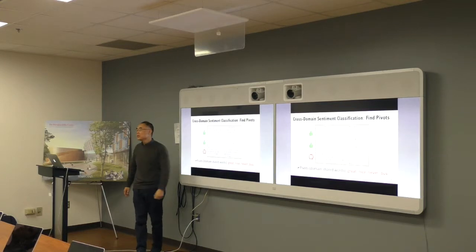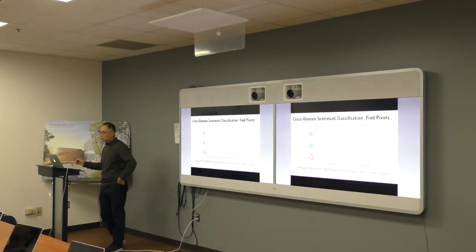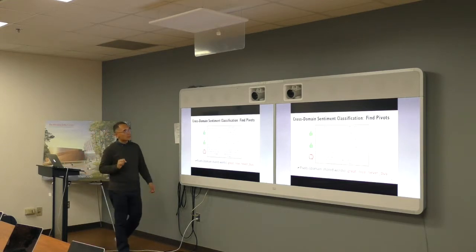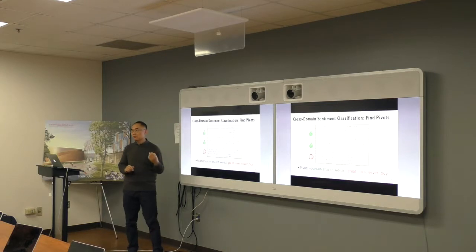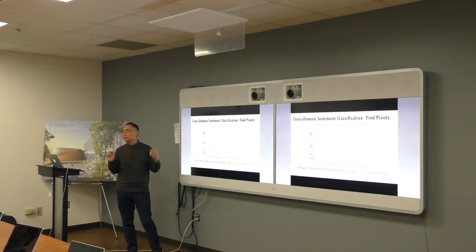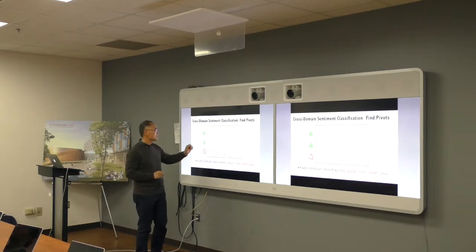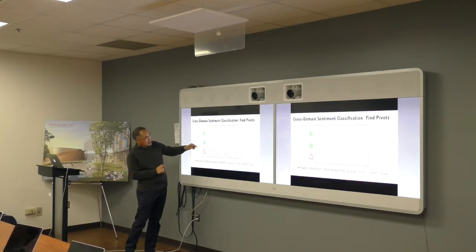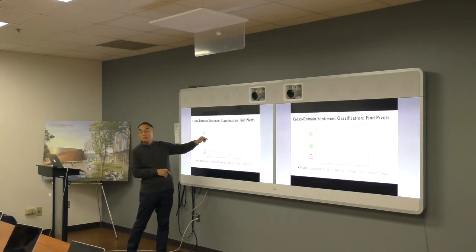They don't correspond to each other. But if we look even more carefully, we can find some words that are domain invariant. Remember at the beginning of the talk, I was talking about looking for invariants as the key of transfer learning. So these pink words are invariant between the domains.